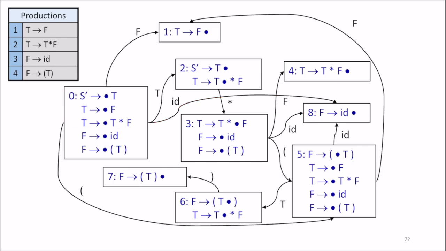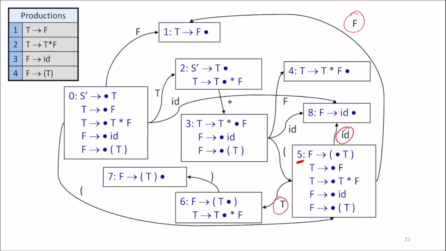Now let's consider a case where I'm at state 5 and I take a successor on the open parenthesis, which is something I haven't done yet from state 5. I've done successor on F and a successor on id, and on T as well, but I haven't yet done a successor on open parenthesis.